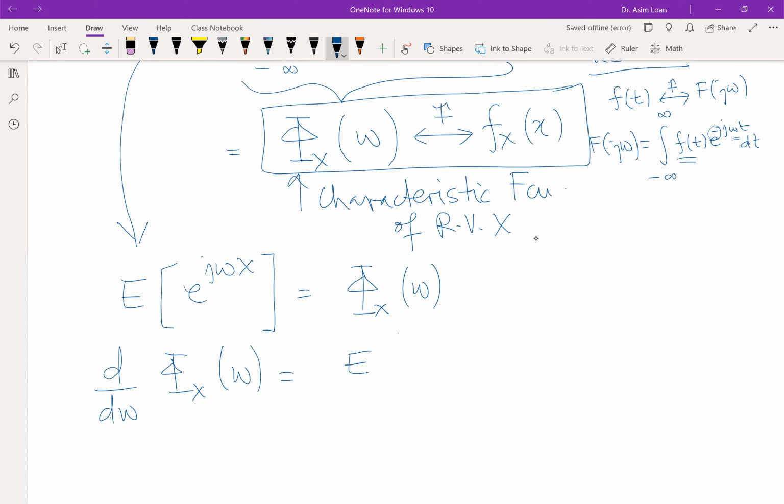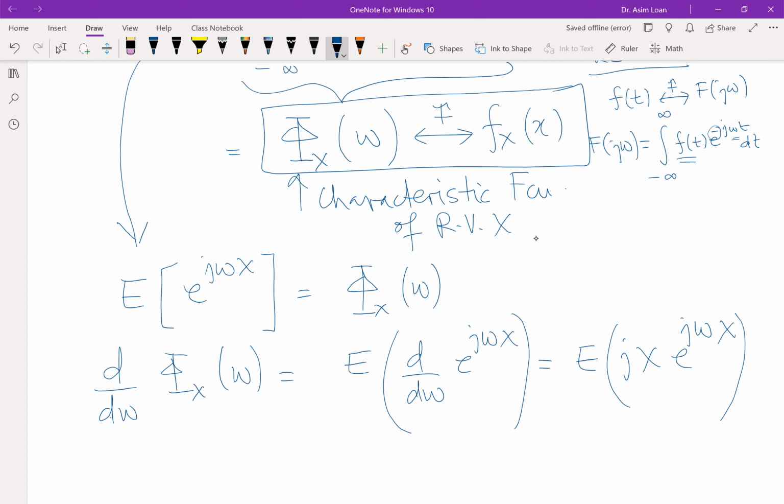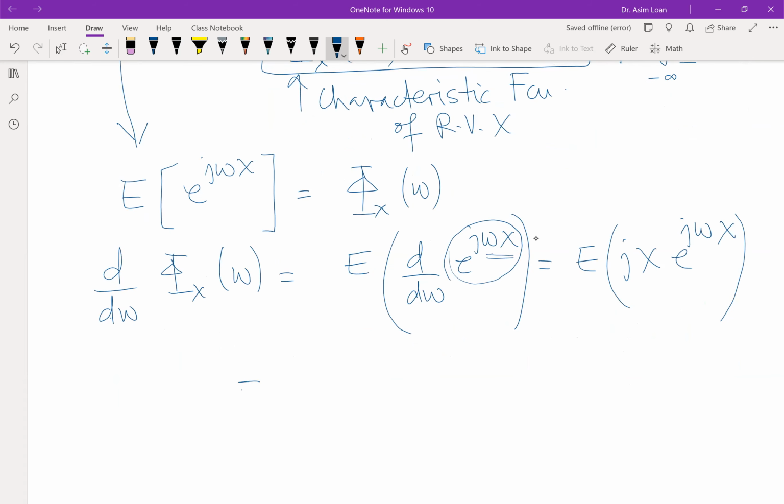I have expected of d by d omega of e j omega x, and this is equal to expected of, maybe you write parenthesis here, j x, because it's e j omega x into j x, right? Because when I take the derivative, it's this function as is, and then the derivative of the exponent.